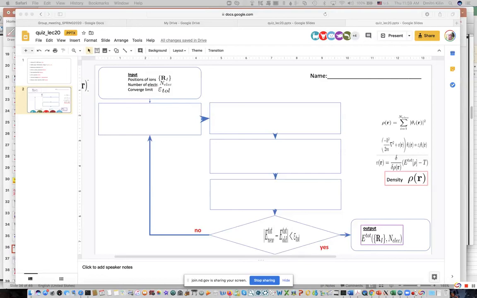Now, I can provide some for input. Yes, Amir, thank you. And Amir is bringing up a very important idea and component. Before we start the cycle, we need to get densities.